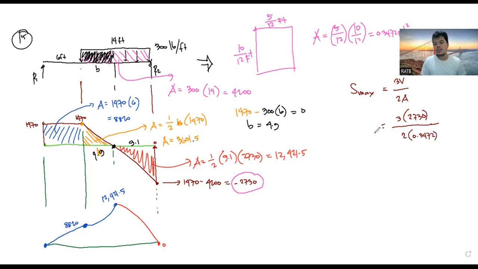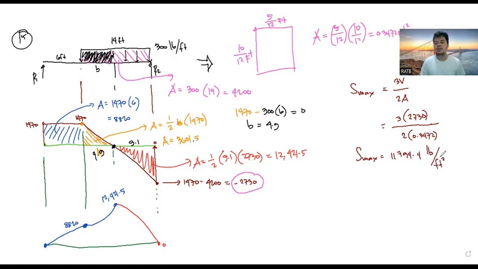S max is equivalent to 3 times 2730 divided by 2 times 0.3472, which is 11794.4 pounds per feet square.